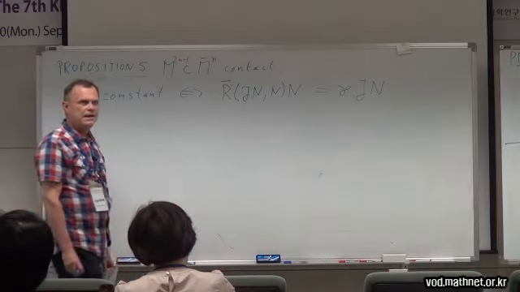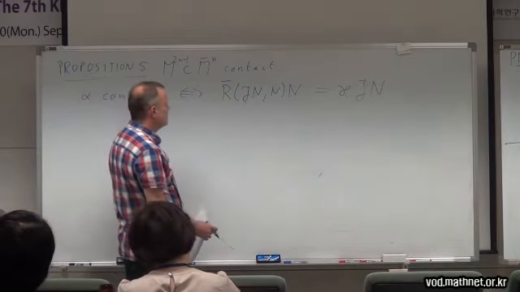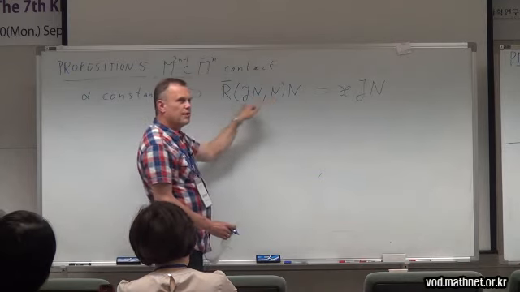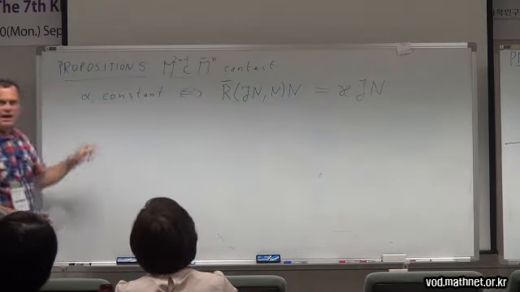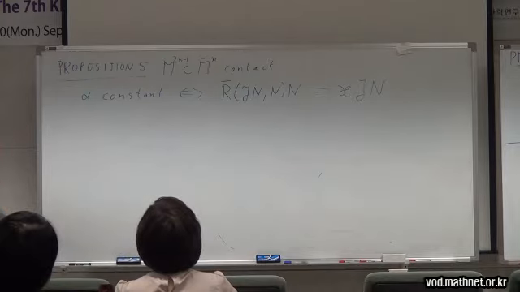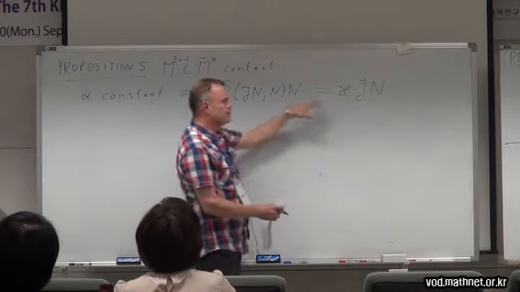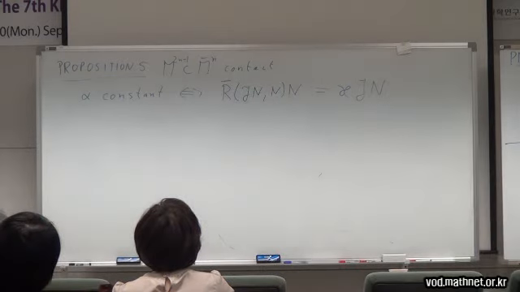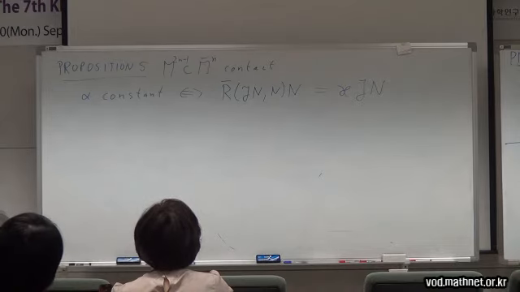But one can work out that Jn is an eigenvector of this Jacobi operator precisely if alpha is constant. So this gives a curvature condition which sometimes is easy to check, sometimes is not, but it tells you when alpha is constant, just by a curvature condition.